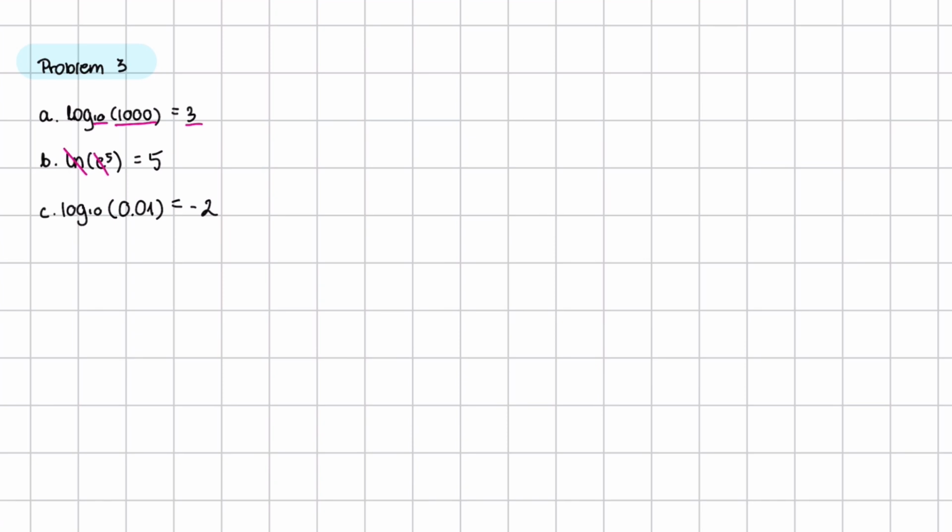So what stays is the number 5. And in C, we have 10 to the power of something equals 0.01. So 10 to the power of minus 2 equals 0.01, and we can simply calculate it also in solver.